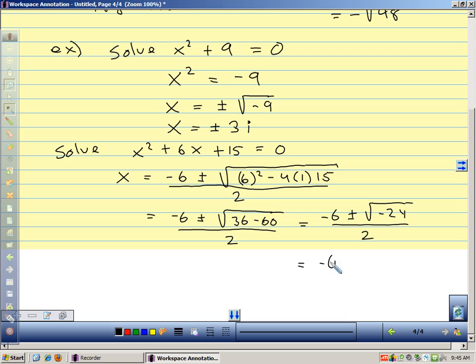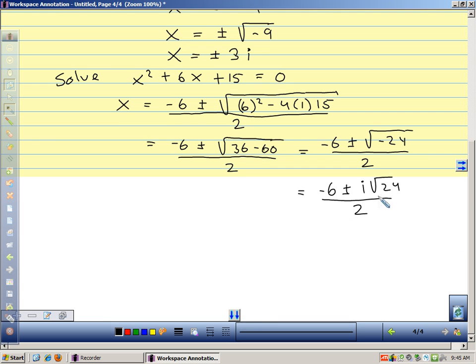So this is negative 6 plus or minus i square root 24 over 2. And I can simplify the square root of 24. Can anybody help me out simplifying that?